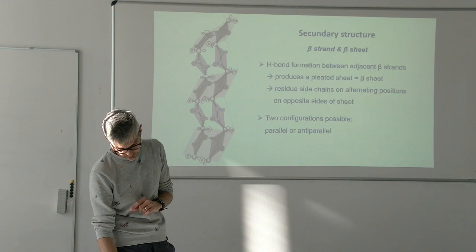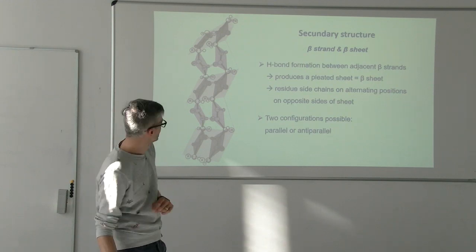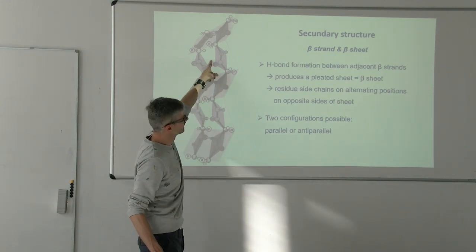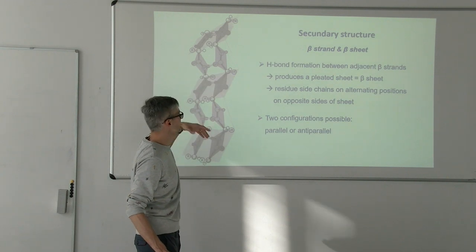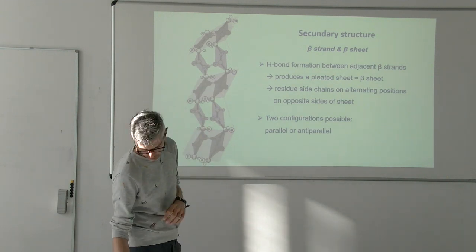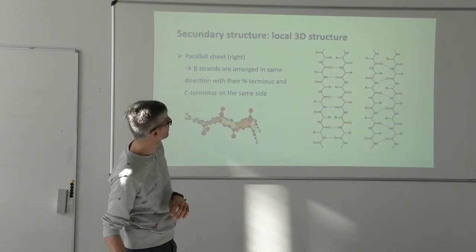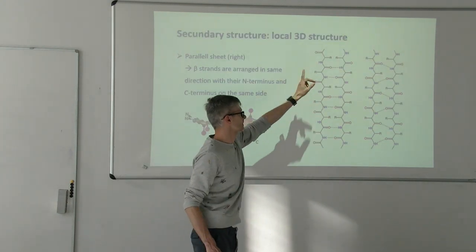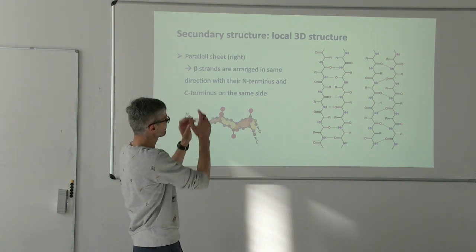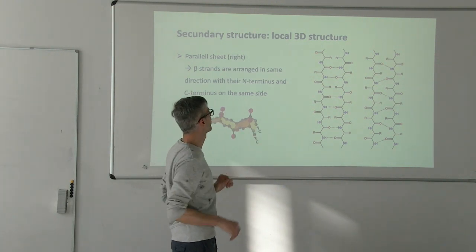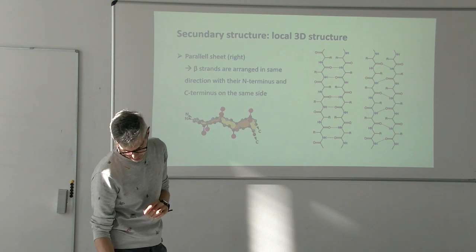And then you can have different forms. Typically this is how it looks. If you have two, they can be either parallel or anti-parallel. This is shown further here, depending on the direction. Parallel means in the same direction, anti-parallel means pointing in the opposite direction.